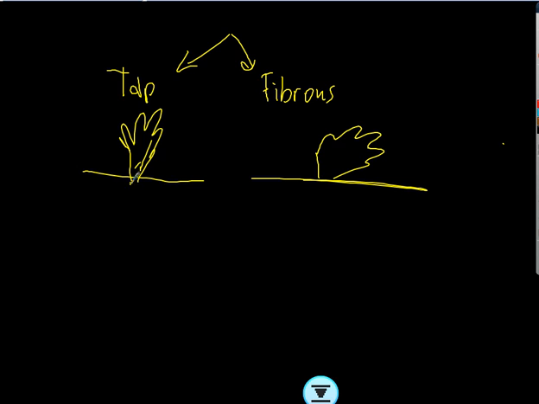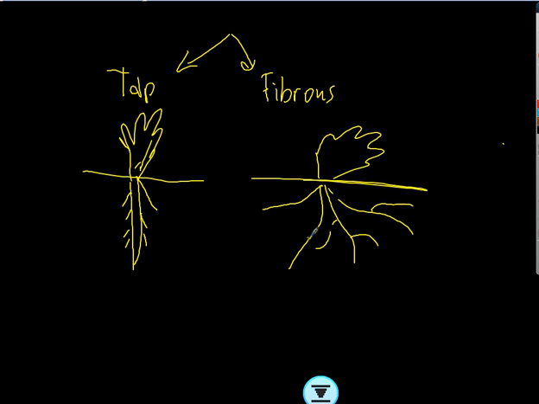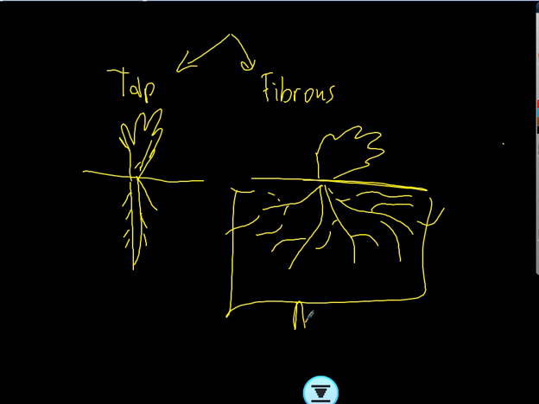A taproot looks like a big root with small roots from the distal sides, and in fibrous, there is no main root. All the roots are tiny, small, rope-like, and generally they occupy a lot of area. The area is higher than the taproot's area.